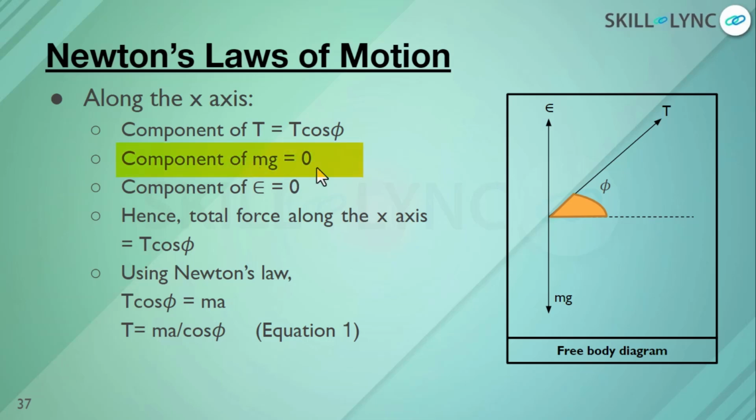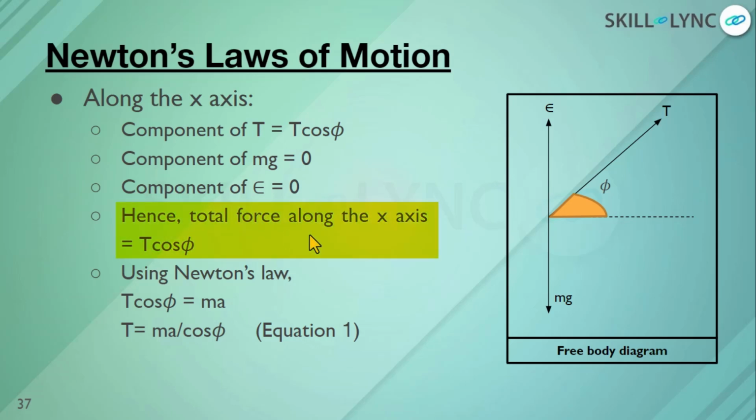The component of mg would be 0, since mg is acting completely in the vertically downward direction. Similarly, the component of force E would also be 0, because it is acting vertically upward, therefore its component on the x-axis would be 0.